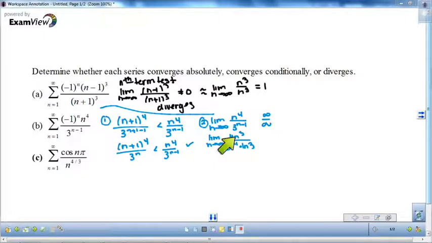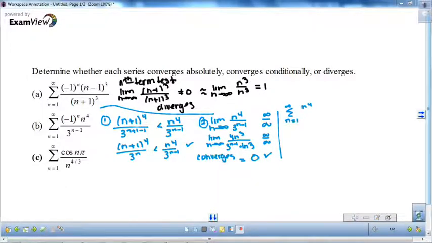If I use L'Hopital's rule, it's again going to give me infinity over infinity, so I'm going to use L'Hopital's rule again. I'm going to use L'Hopital's rule many times until eventually the numerator is 1, and the denominator is still 3n minus 1. So it's going to be 1 over, as n approaches infinity, this is getting smaller and smaller and smaller. So this is going to 0. So this converges by the alternating series test.